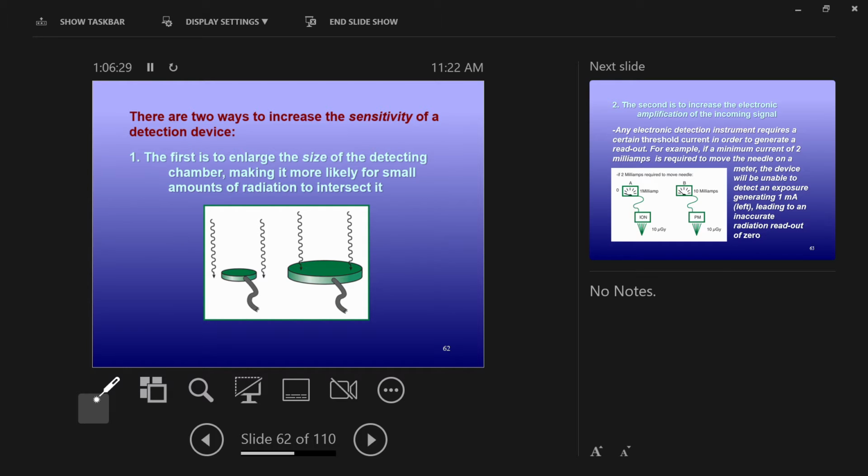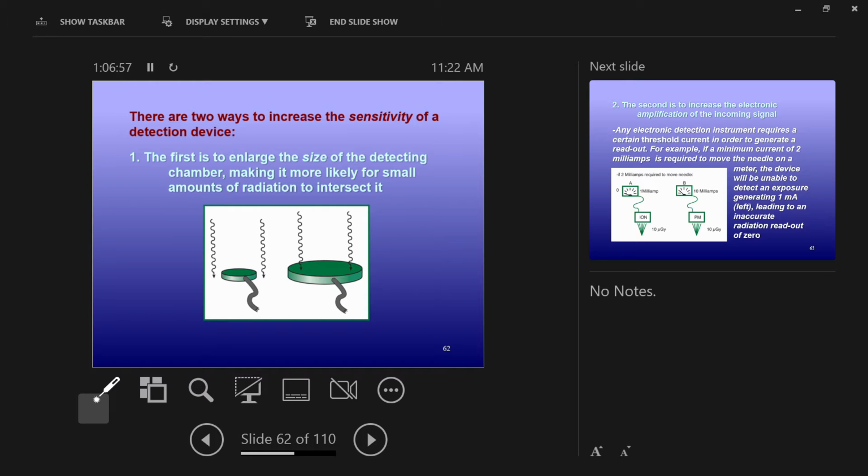So there are 2 ways to increase the sensitivity of a detection device. The first is to enlarge the size of the detecting chamber, making it more likely for small amounts of radiation to interact with it. That shows you a detector surface shown in green, and the larger the surface, the more sensitive it is, because in this case there's only 2 photons, and in the smaller detector surface, both of those photons happen to miss the detector.